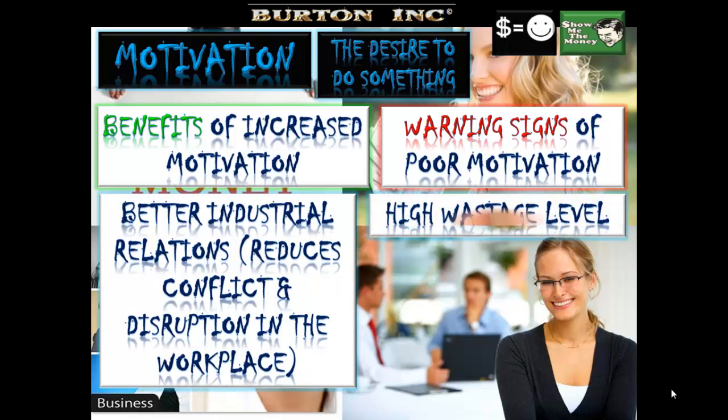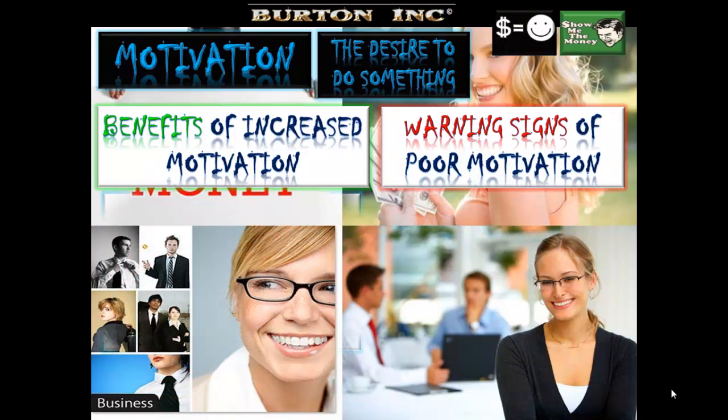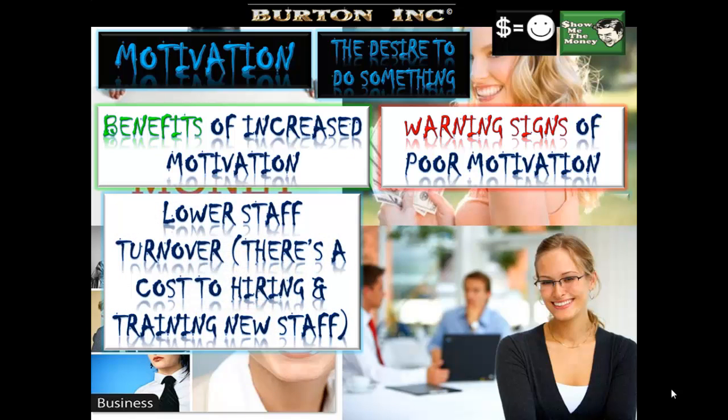We get better industrial relations, less conflict, less disruption in the workplace with increased motivation. Another warning sign of poor motivation would be high wastage levels. So lots of stuff on the production line being rejected because it's not up to scratch.